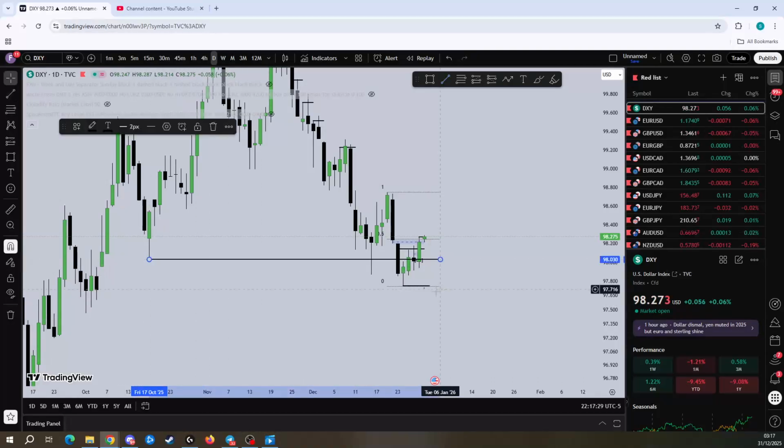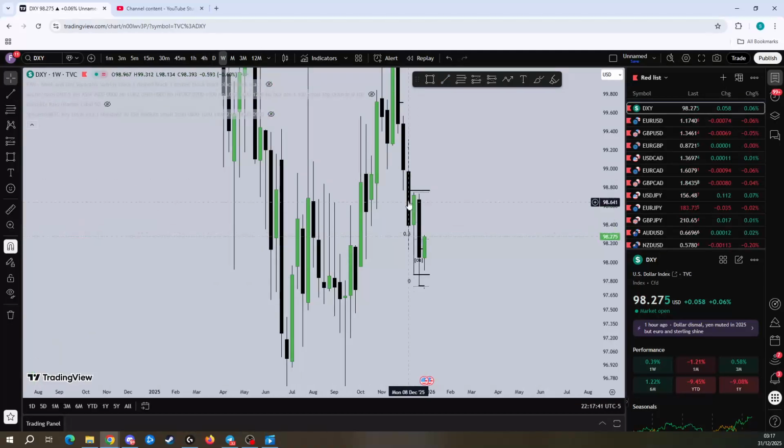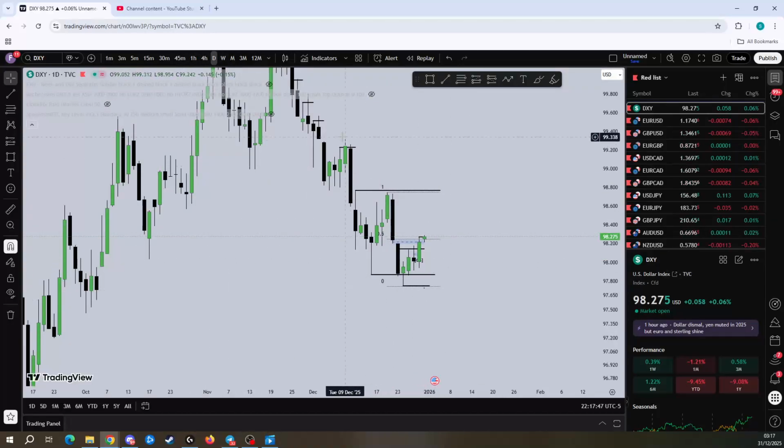The first scenario is we've taken out the sell side liquidity here, we've taken out this low as well. So we have this untapped daily fair value gap, and we have this weekly fair value gap as well, a small imbalance here. So what price could do here is, we have this range high to this range low if you use this dealer range.